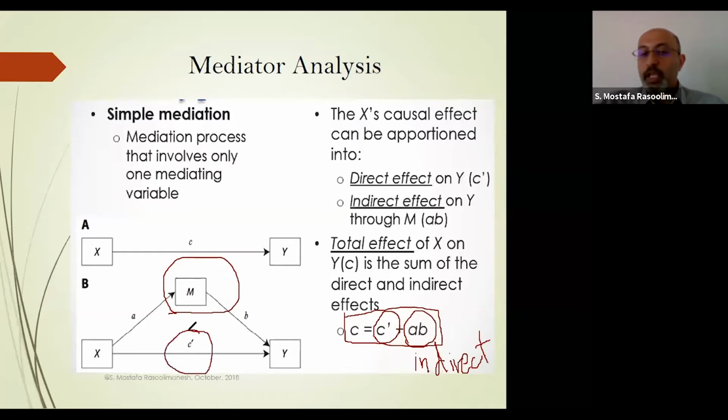You remember when we have only a direct relationship, we assess the significance of the path coefficient or beta coefficient to see whether the effect of X on Y is significant or not. Or when we hypothesize the effect of X on Y in multiple regression, for example, or in PLS, we assess this relationship and see whether this path coefficient or beta coefficient is significant or not.